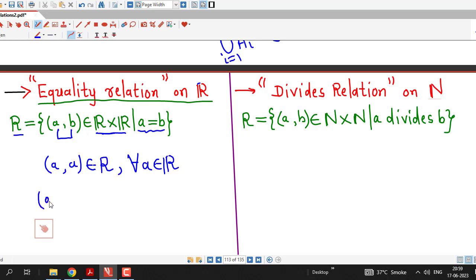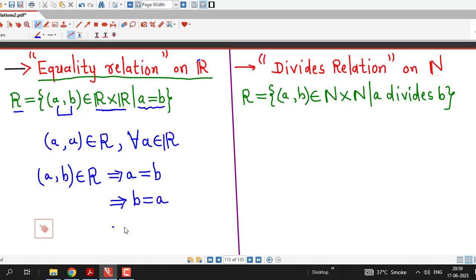Another property we have to check is the symmetry property. That is, we have to check if (A, B) belongs to R implies (B, A) belongs to R or not. Suppose (A, B) belongs to R, then by the definition of this relation we must have A equal to B, and this I can rewrite as B equal to A also, and therefore the ordered pair (B, A) belongs to R. Ordered pair (A, B) belongs to R if the first component equals the second component.